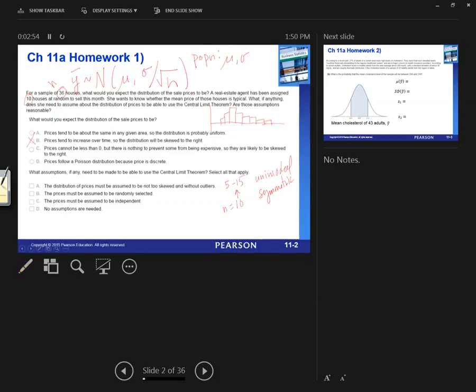We think it's probably slightly right skewed, but in order for this to be normal, if we wanted to use the central limit theorem, then for this size, they would have to be unimodal and symmetric.